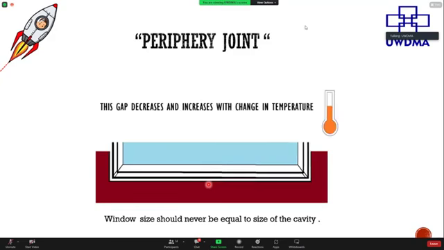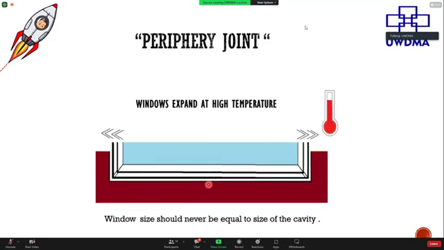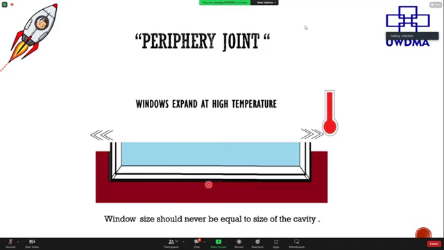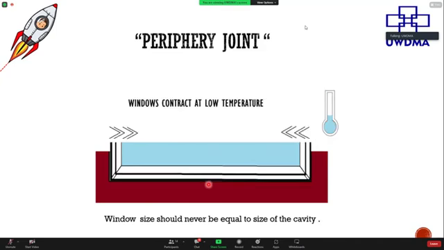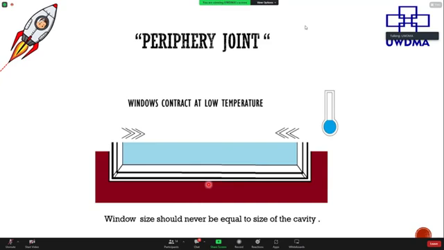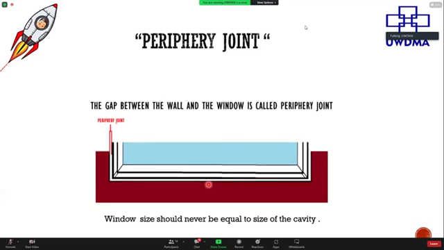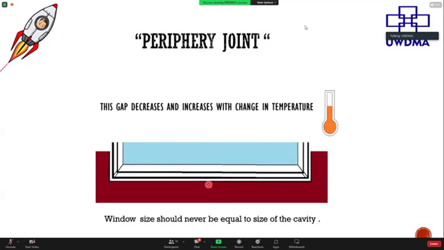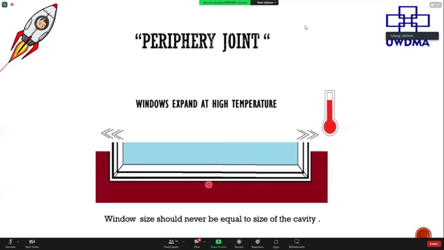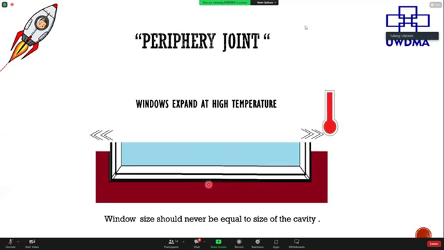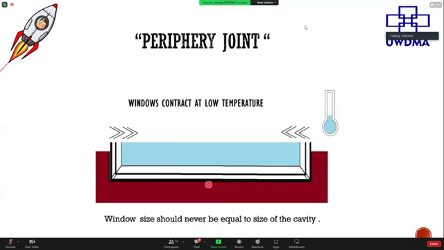That means expansion when the temperature is high and contraction when the temperature is low. The same thing is true in the case of windows. Of course, it's so minute that we can't see it with our eyes. We can experience it, but it is there. So we need to leave some space around our window, between the wall and the window, for this expansion.